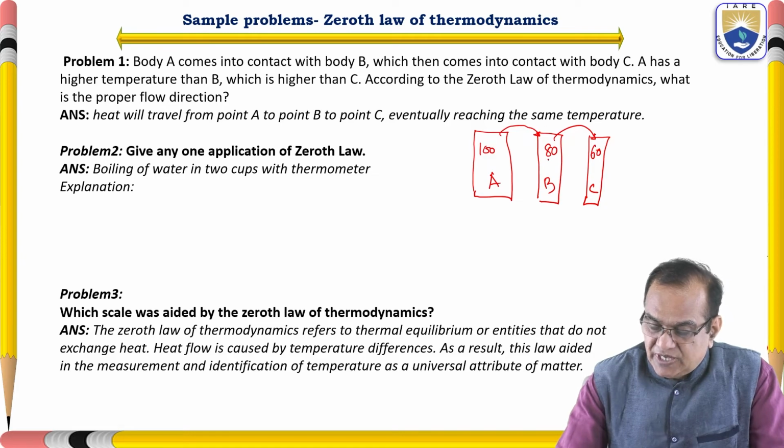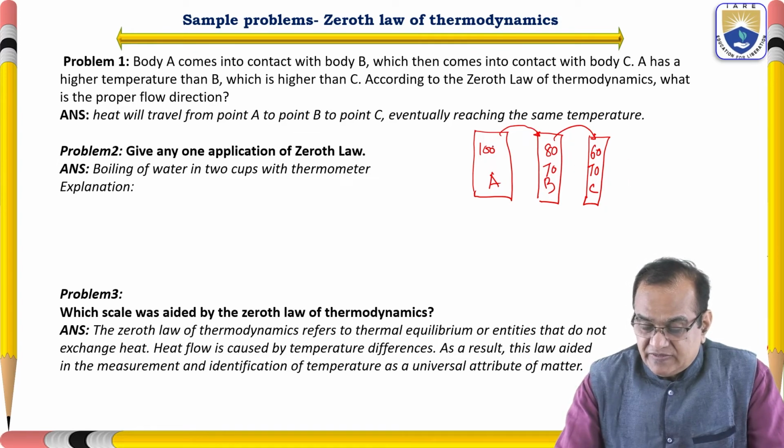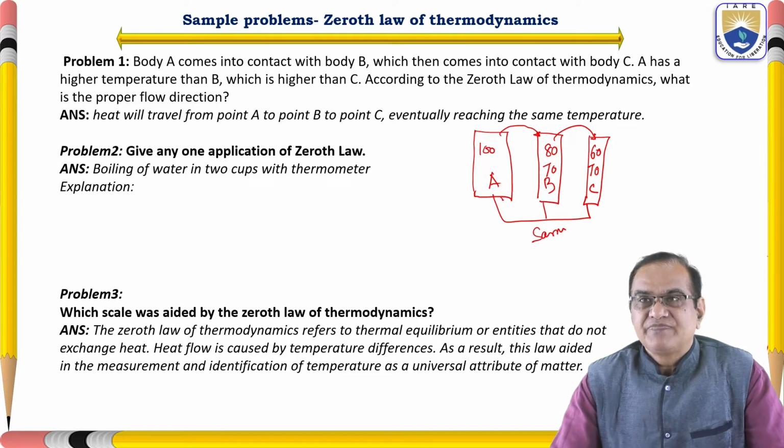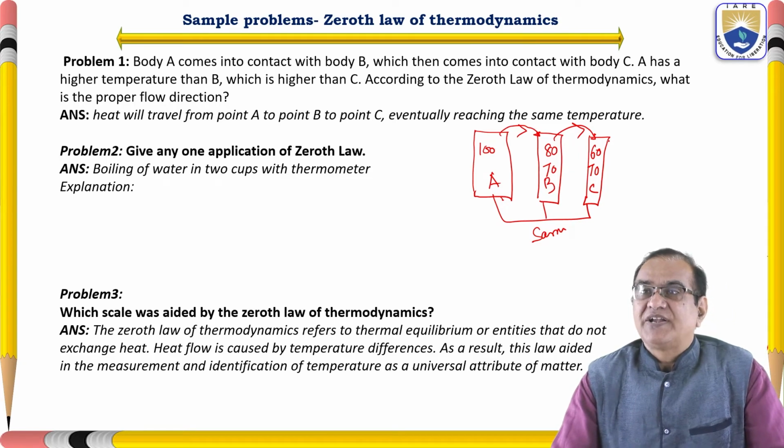The 60 will reach 70, the 80 will reach 70. Sometimes all the temperatures will become the same temperature. Till the time temperatures are not the same, the flow A to B, B to C will continue.